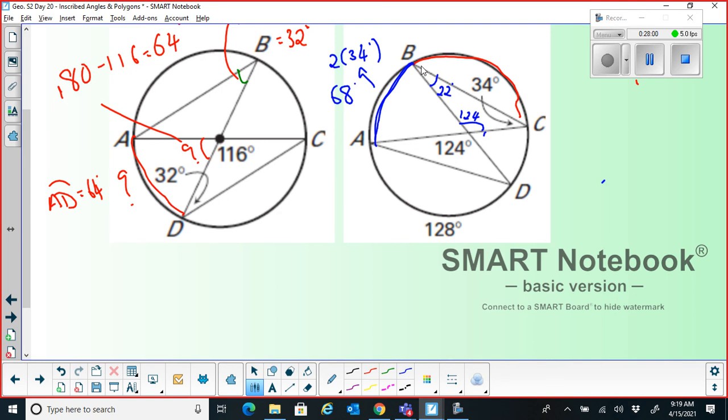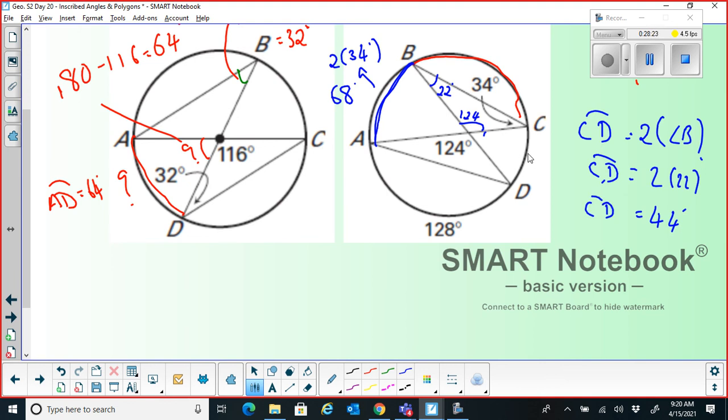Once we have this, we know that arc CD is going to be twice angle B from the previous theorem. Angle B is 22, so CD is going to be 2 times 22, which is 44 degrees. So this is 44 degrees.